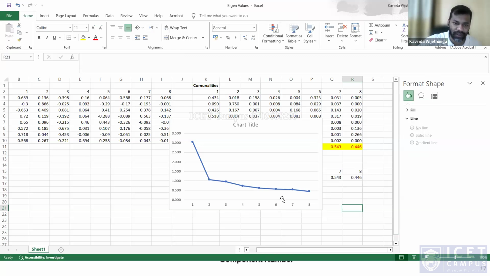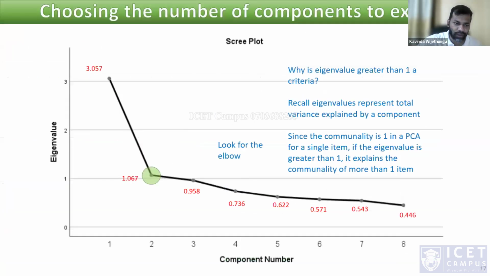Then here we consider the eigenvalue. Here we can see the elbow. In each scree plot we can observe this elbow, like this.